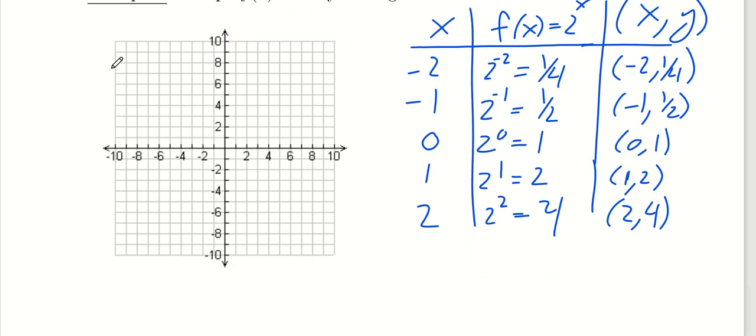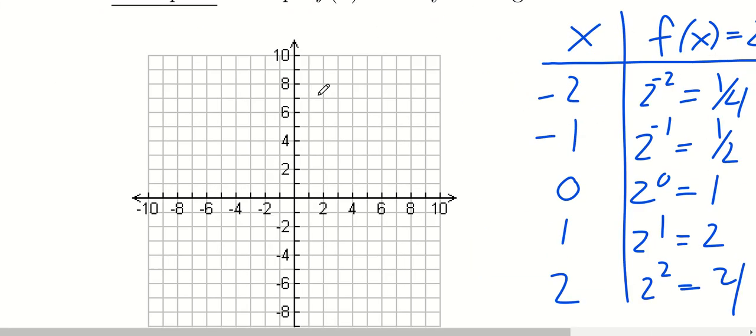So we have the ordered pair, and let's zoom in a little bit. We have the ordered pair negative 2, comma a fourth, which would be roughly about here. At negative 1, we had the ordered pair negative 1, 1/2. We had 0, 1. We had 1, comma 2. And then we had 2, comma 4.